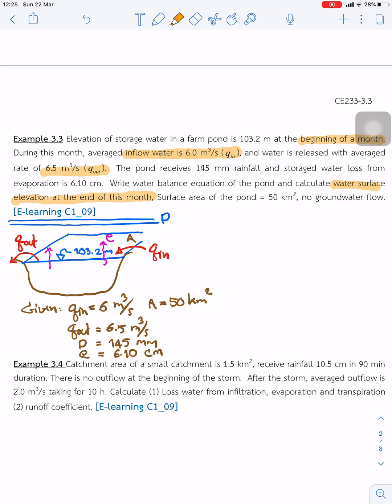So the time scale is from the beginning of the month to the end of the month. So we expect that in this problem the time step for calculation is just 1 month. Okay. And they want to know the water elevation of the pond.